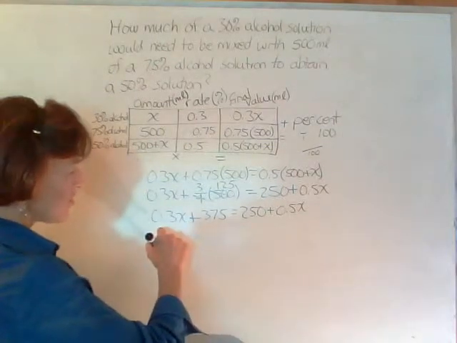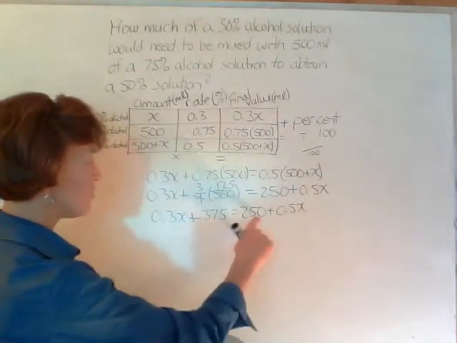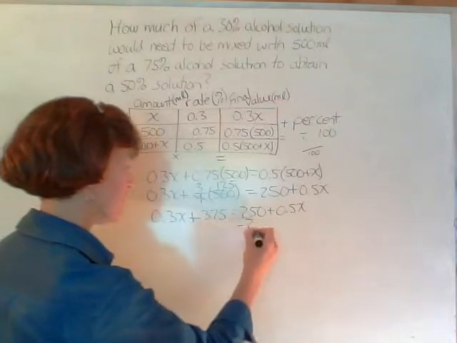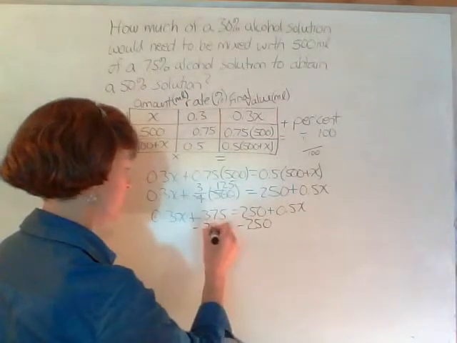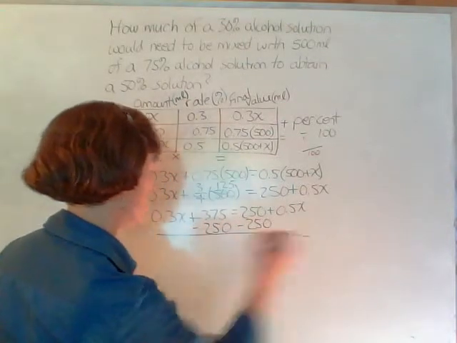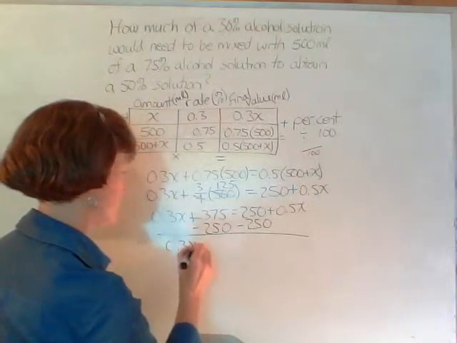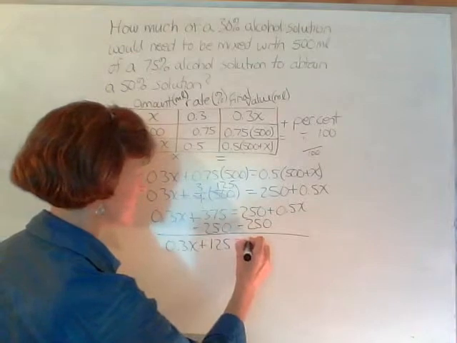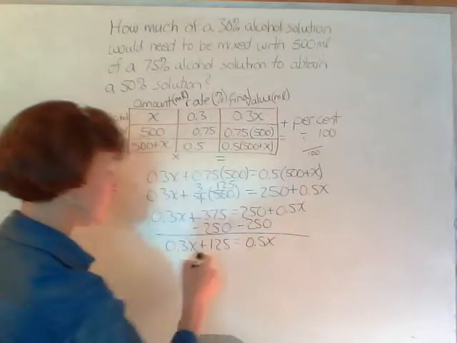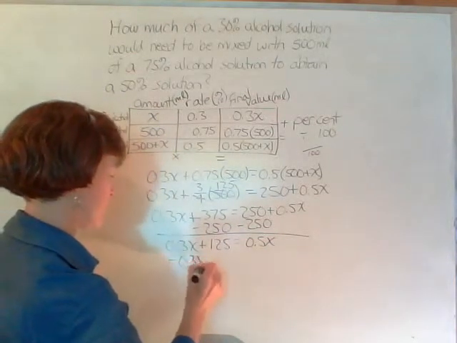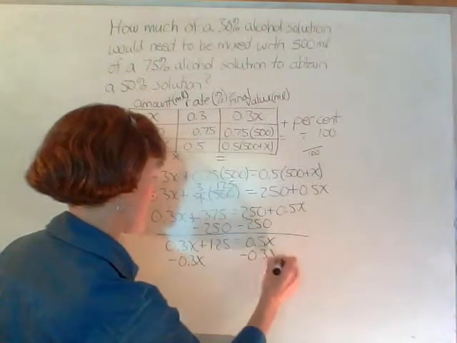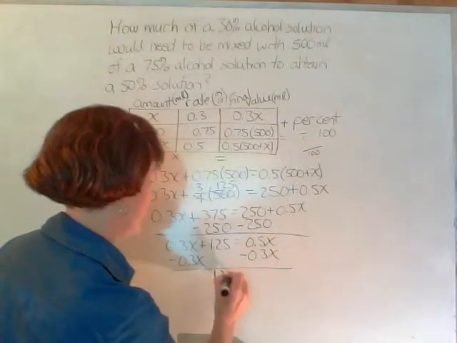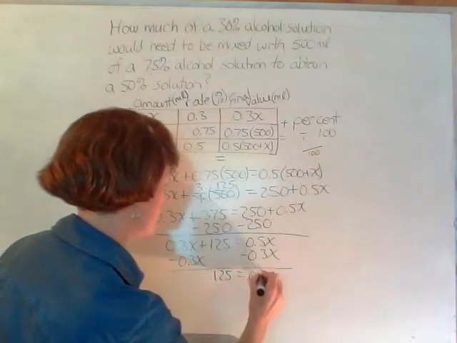Now I'm going to move the 250 over here. It's just a choice that I make. So 0.3x plus 125 equals 0.5x. And now I'm going to move the 0.3x over there. So I have 125 equals 0.2x.